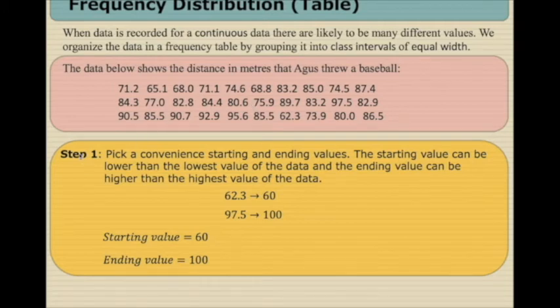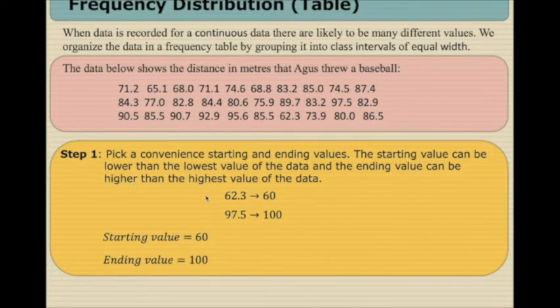Okay, first thing first, step one, you need to pick convenient starting and ending values. So you must pick the starting and ending values first. The starting value can be lower than the lowest value, and the ending value can be higher than the highest value of the data.